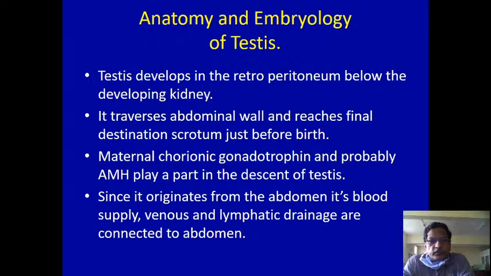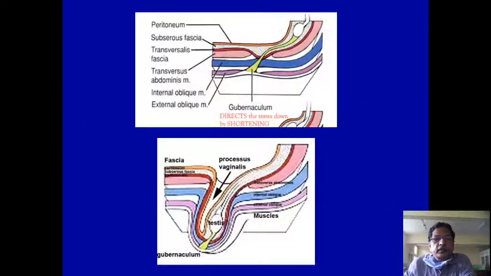Other than that, we don't know the exact role it plays in its descent. Probably maternal chorionic gonadotropin and also anti-Mullerian hormone may play a part in the descent of testis and its development. Let us go graphically and understand this much more clearly.